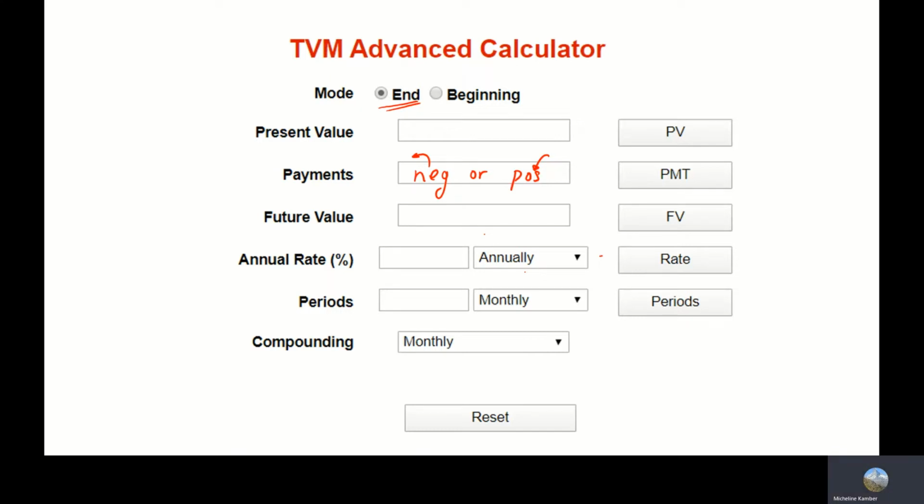The future value is denoted FV. The annual rate will be given to you. Now, always leave this on annual because interest rates are quoted by financial institutions as annual rates, even though they may be compounded differently.